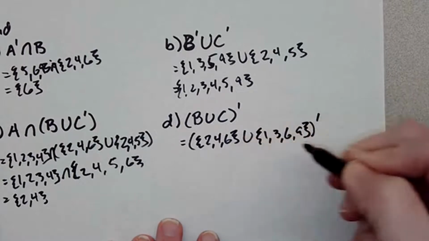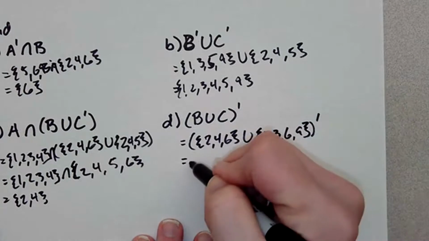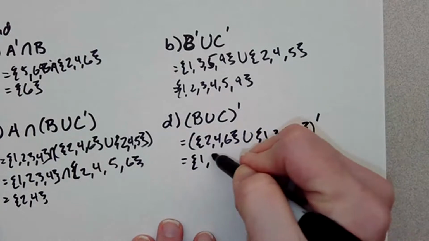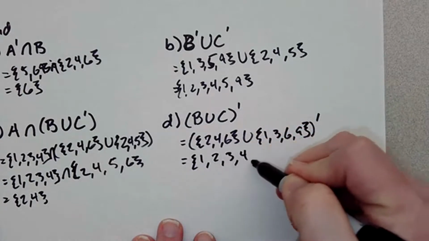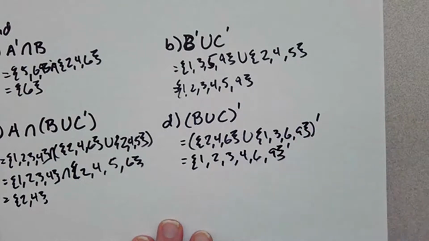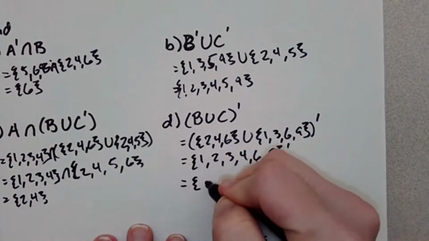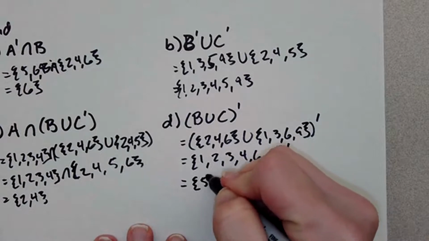And then we take the complement. Okay, well, that's going to be 1, 2, 3, 4, 6, 9. Complement, but that's every element in the universal set except for 5. So this is just the set that includes only 5.